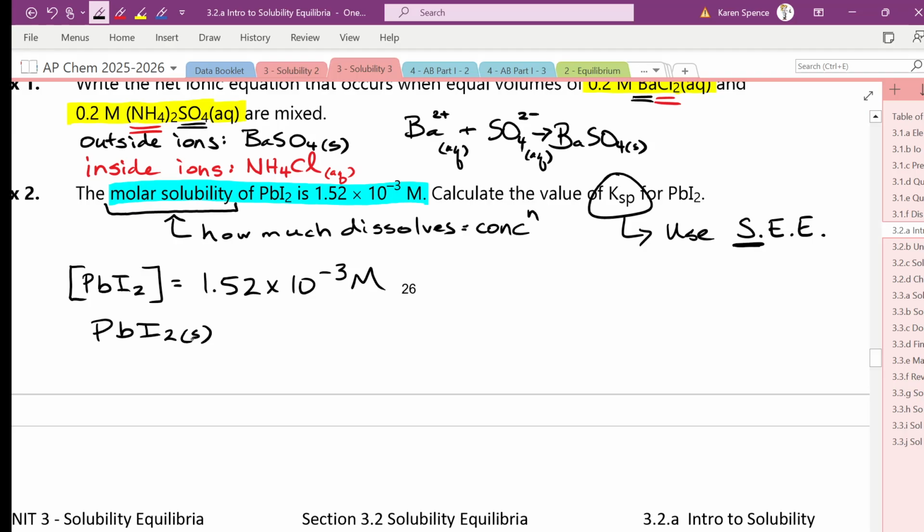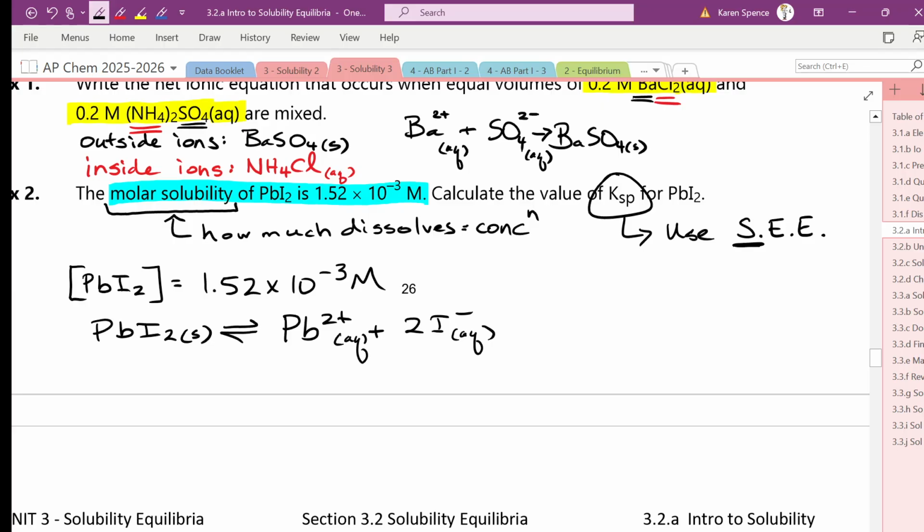So good. So there's our solid. And what kind of arrow do we use? Equilibrium arrow. Who are our products? Pb2 plus, 2I minus, aqueous.